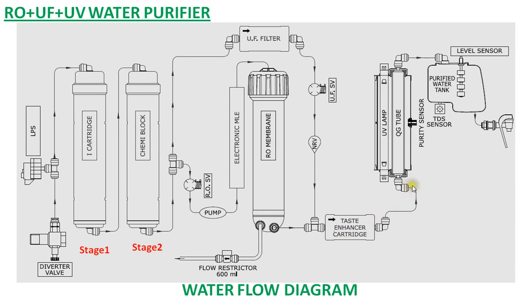After that it is passed to the UV chamber, where it is exposed to UV light, and then the disease causing microorganisms are killed, and the safe drinking water is collected in the tank. From this tank we will collect the water. So this is stage 3, and this is stage 4, this is stage 5, this is stage 6. So this is a 6-stage filtration water purifier.